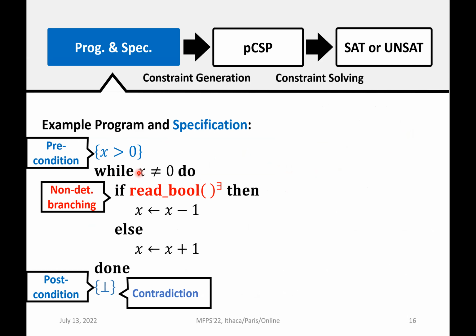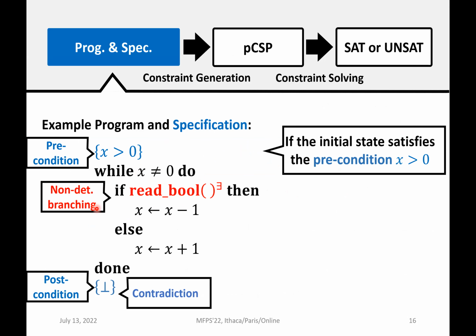Thanks to the generalization, we can encode branching time property verification. Let me use this example. We want to verify that this program is non-terminating for some sequence of non-deterministic inputs.